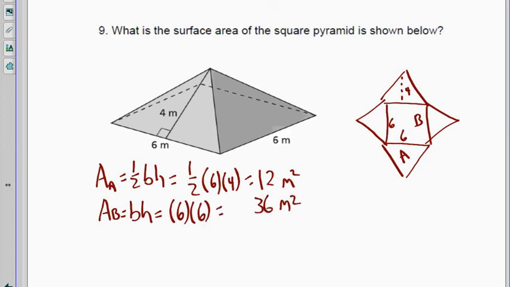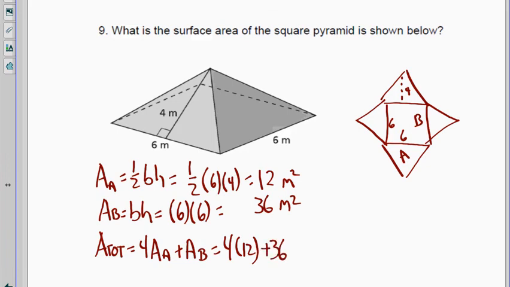My area total is 4 area A's plus an area B, which is 4 times 12 plus 36, which is 48 plus 36, which is 84 meters squared. Circle my answer. Done.